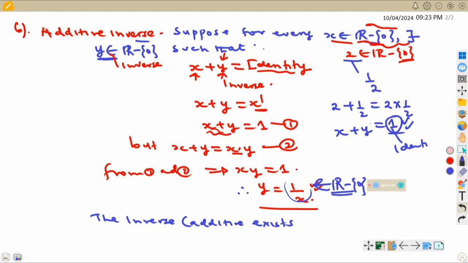So the additive inverse exists. So that is 1 upon x, which is an element of R minus 0. So this one here is the additive inverse for each element x picked from this given set.